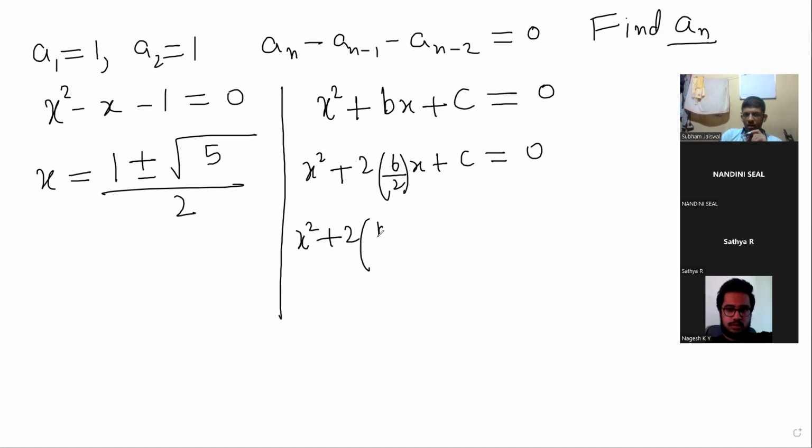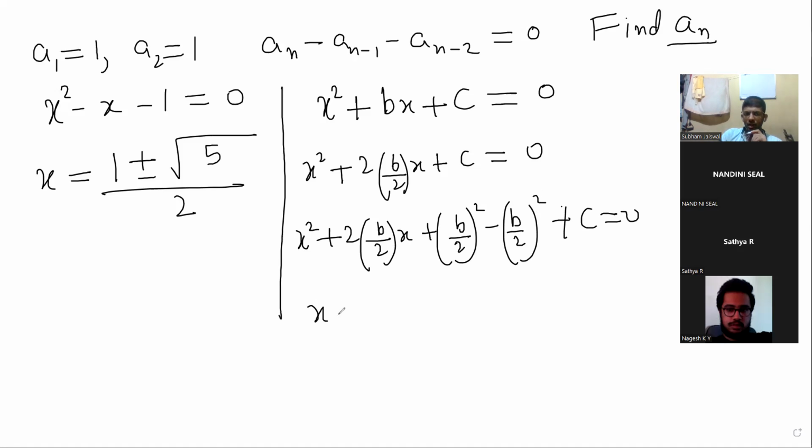So if this is b by 2, then you write b by 2 square, minus b by 2 square, plus c equal to 0. Now you can complete the square. This becomes a perfect square, and this is minus b square minus 4c by 2. And then you can take the square root.